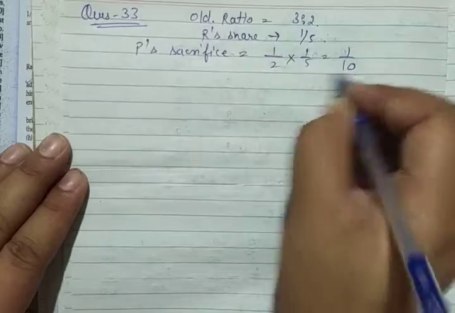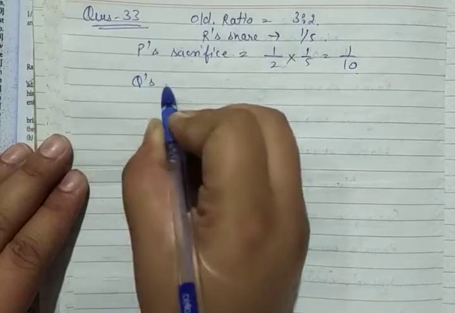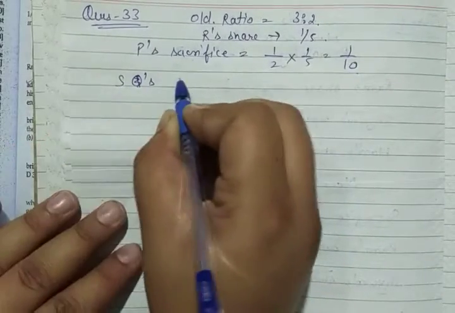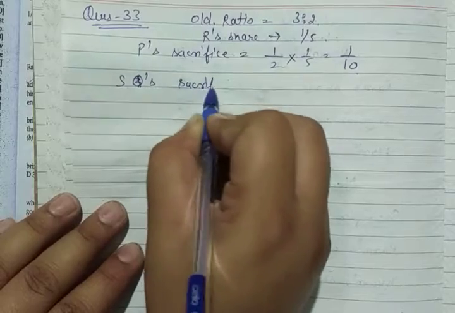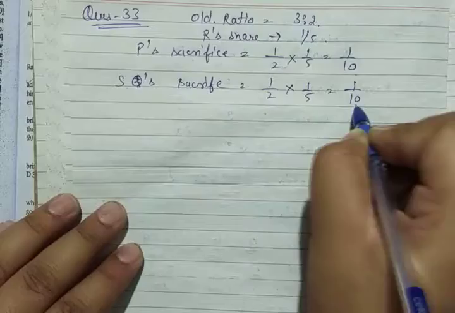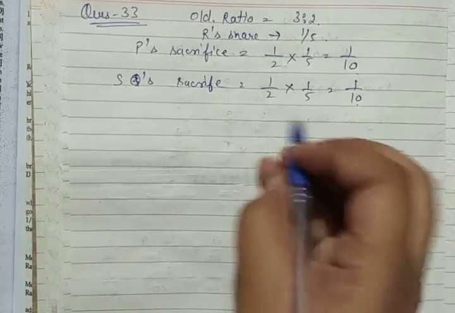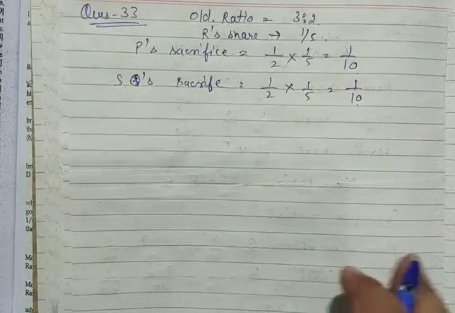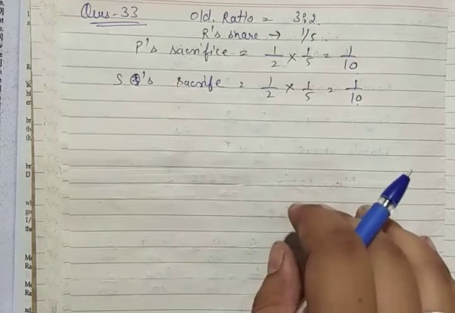It becomes 1 by 10. As well as it is not Q, it is S. S's sacrifice is also half of his share, that means half of 1 by 5. It also becomes 1 by 10. Now what happened, that we have the sacrifice ratio as 1:1.